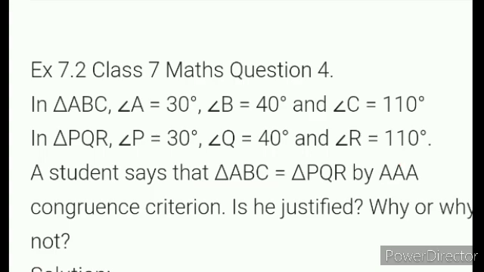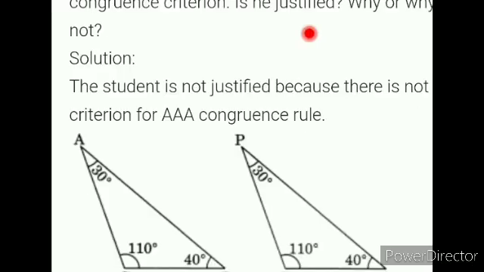The question is, a student says that triangle ABC is congruent to triangle PQR by the AAA congruence criterion. One student is telling, yes, all the three elements are equal in each triangle. Therefore, according to the AAA criterion, these two triangles are congruent. Is he justified?